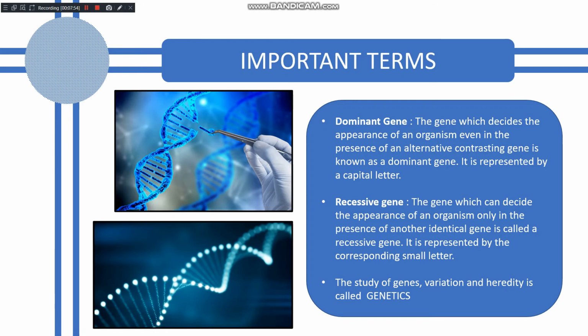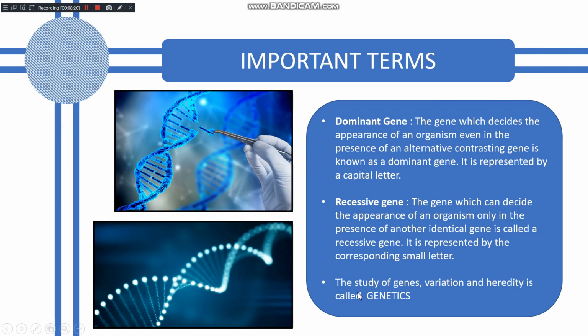That time the capital T, the dominant gene, the tallness will appear. That time the short feature will not appear in that organism. So recessive genes decide the appearance of an organism only in the presence of another identical, meaning same type of gene, then only they will show their appearance.